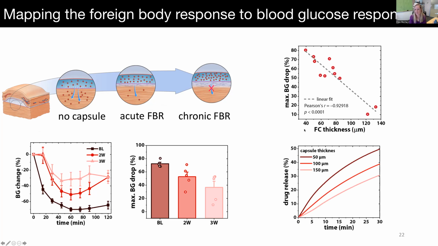We can map the fibrous capsule thickness that we measure histologically to the blood glucose drop, and it's a very linear trend. And then we can model over time how much the thickness of the capsule slows down the response and the drug release. So you can see over time, as you get a thicker capsule, you get a slower response and less of a response overall.